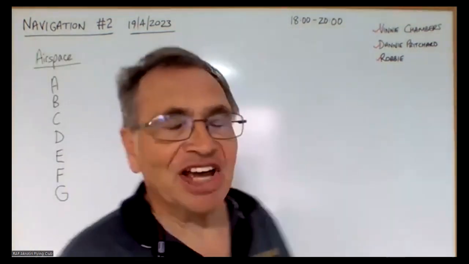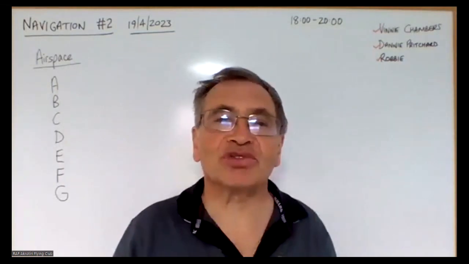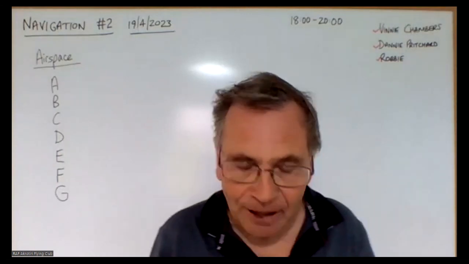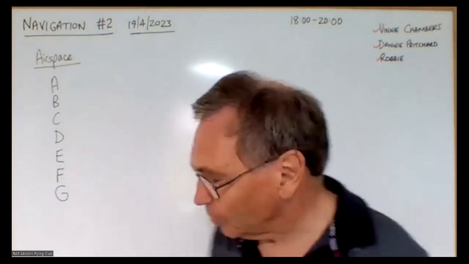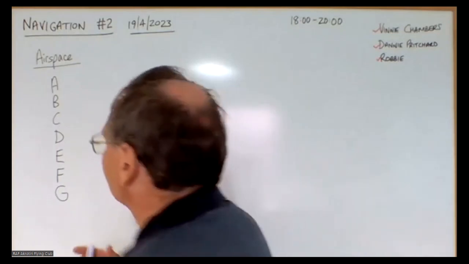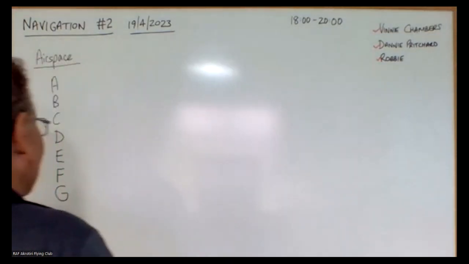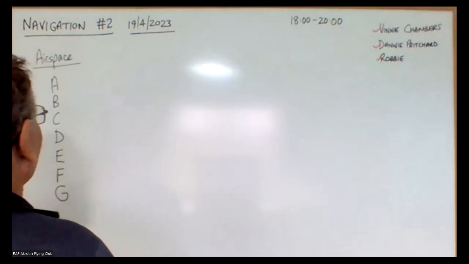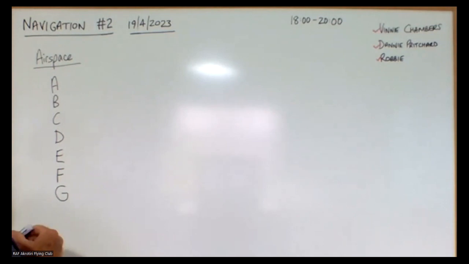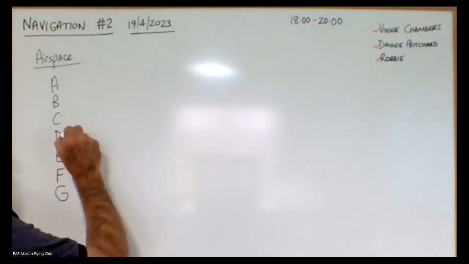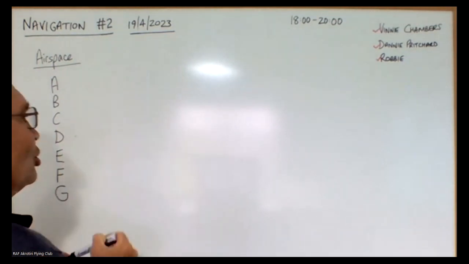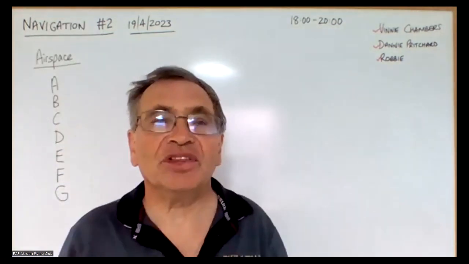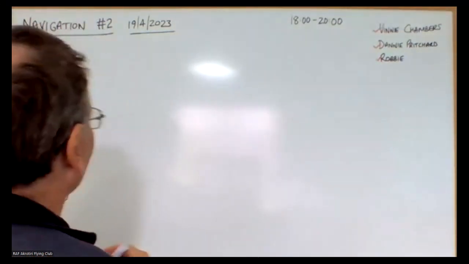Now, each class of airspace has a different set of rules relating to whether you can fly in them or not, and each of the rules stipulate things like, for example, Class G is what we call open FIR. You can more or less do what you like. When you're in Class D, for example, you can still do a reasonable amount of what you want, but you must be in contact on the radio with the controlling authority.